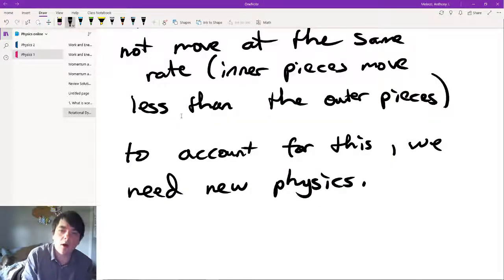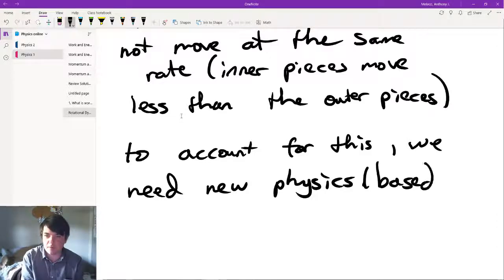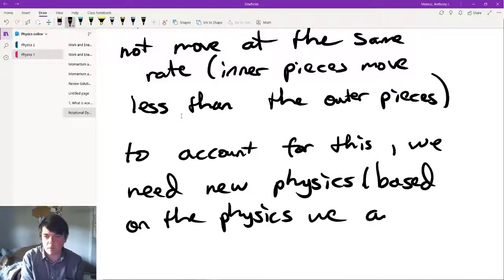It's new physics, but based on the old physics we already know.